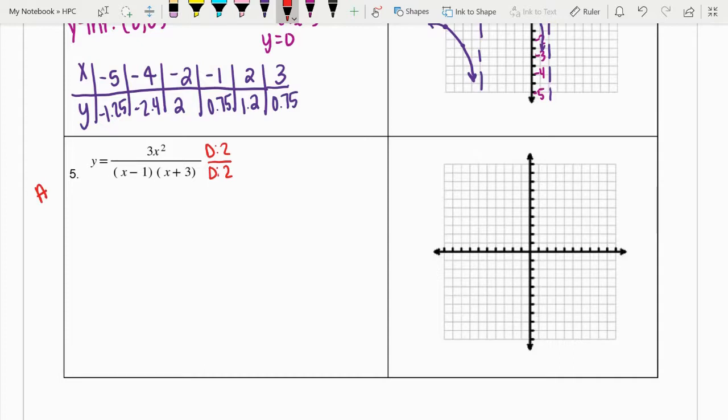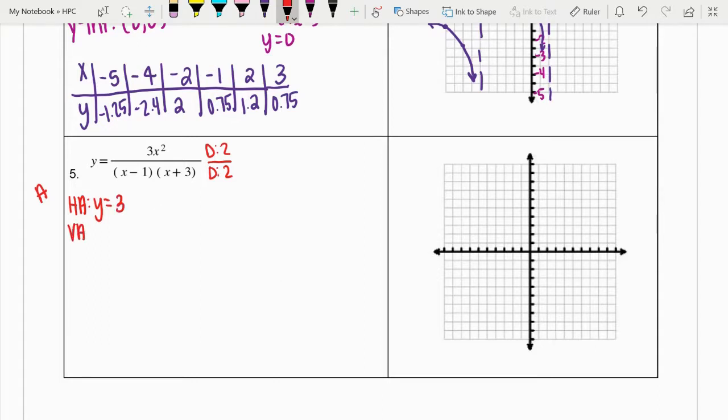So we are going to be looking for our horizontal asymptote, looking at our coefficients. Okay, so my horizontal asymptote is going to be y equals, now if I were to double distribute, I would end up with x squared. So the coefficient would still be 1. So I would have 3 over 1. So my horizontal asymptote will be y equals 3.